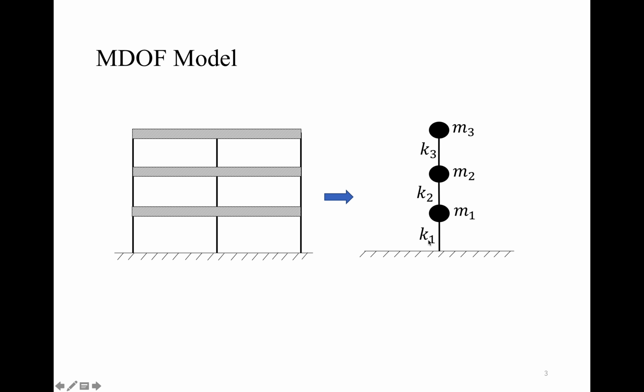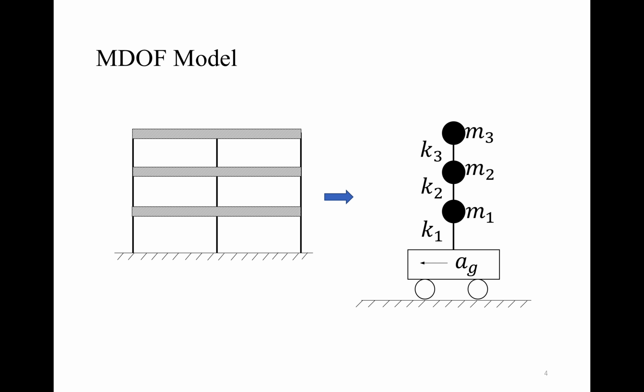Or in the case of a bridge structure, we consider the footing, the pile, the pier, and the girder as multiple masses and multiple springs, and also a lot of base springs, something like this. It is very similar to this model. So from today we're going to talk about this kind of model and how to solve this kind of problem.